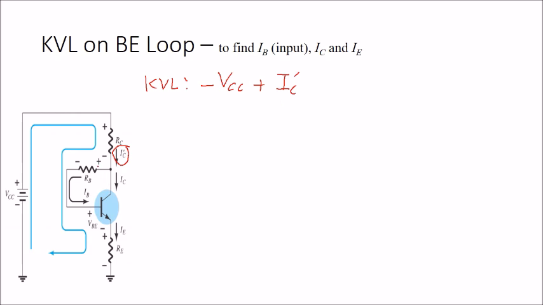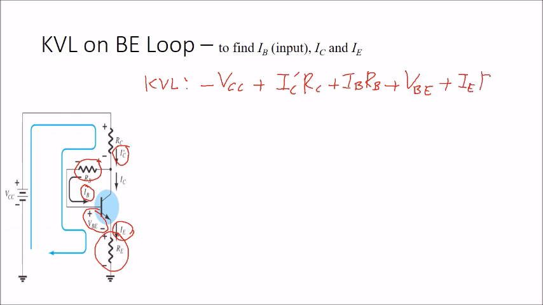Then we have the voltage drop at the RB, the current is IB, so IB RB. Then we have the voltage drop at VBE, whose value is 0.7, and then the voltage drop at the RE. The current is IE, so plus IE times RE equals 0.